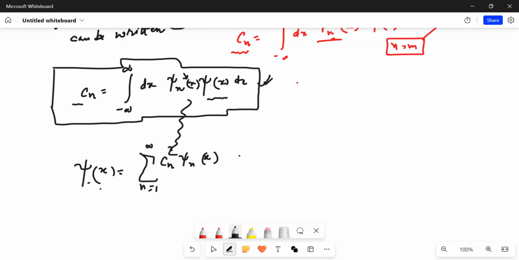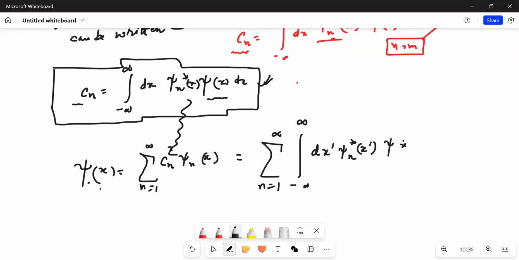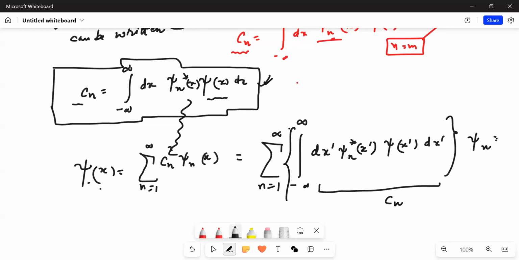I'll write the summation from n equal to 1 to infinity, with the integral from minus infinity to plus infinity, and here I use a different symbol, dx dash. Why a dummy variable? Because otherwise you will get confused between this and this. This is your Cn, and then you have the psi n. So psi(x) can be written this way.